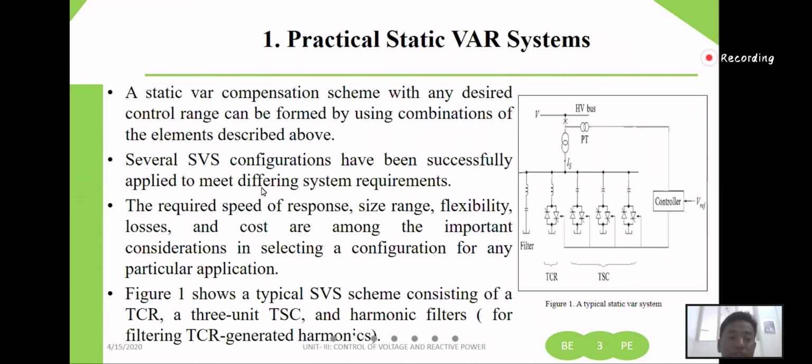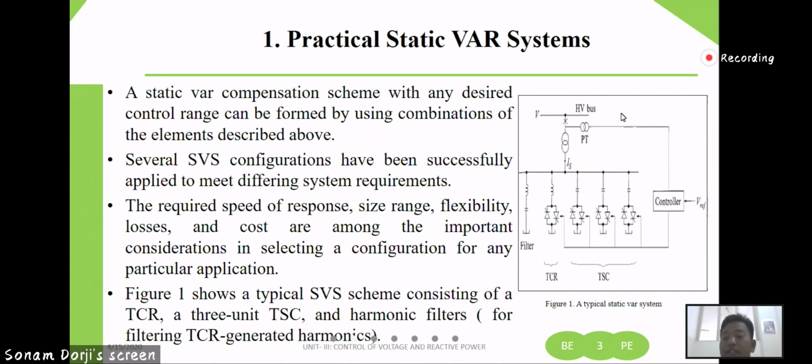But now how will we choose for a practical application? The required speed of response, whether you want slow or fast response, size ranges and flexibility, losses and costs are among the important considerations in selecting the configuration for any particular application.